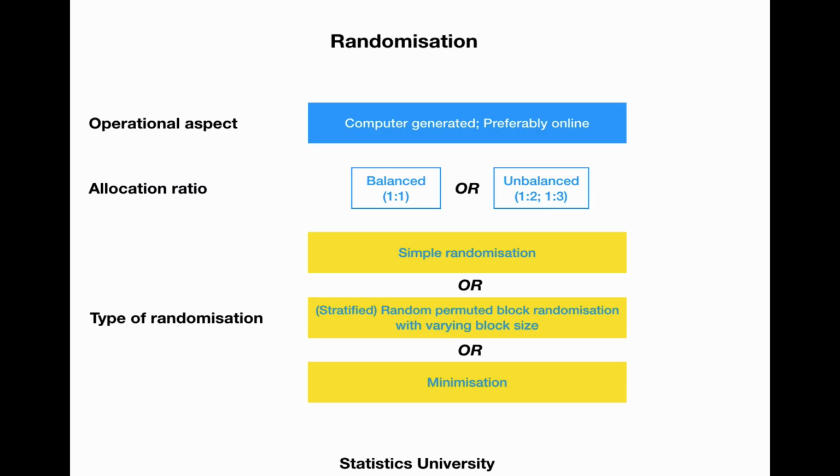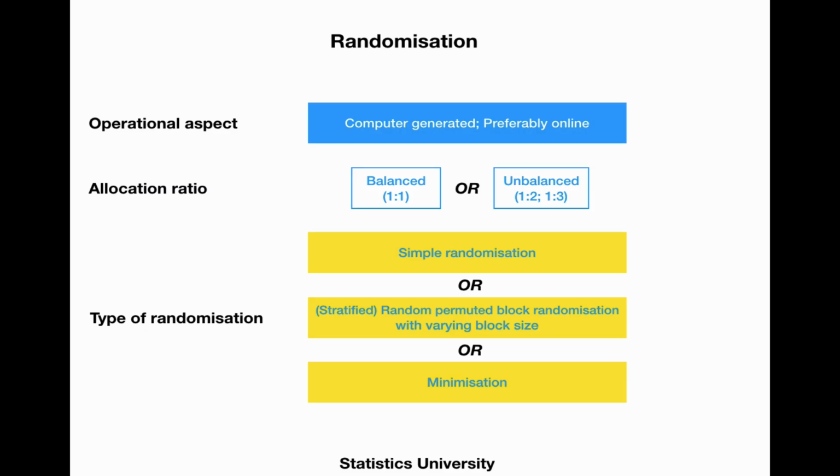Now, minimization is even more extreme, because this actually is a type of modeling that assigns patients to treatment arms with a different weight based on the current distribution of baseline characteristics in the treatment arms. And so you use a model to sort of make sure that patient characteristics will be evenly distributed between the treatment arms.